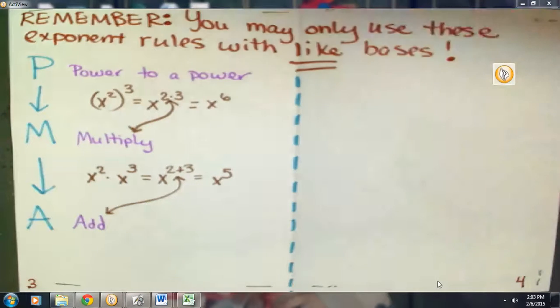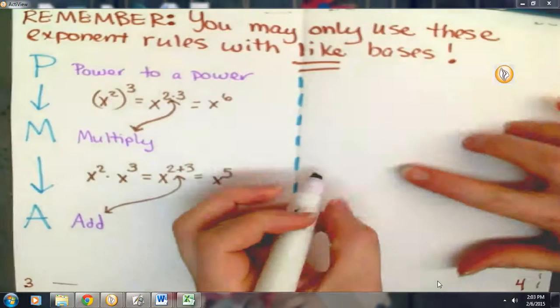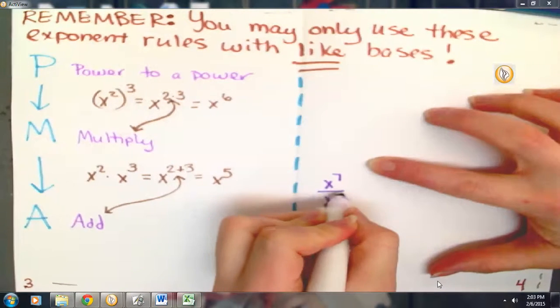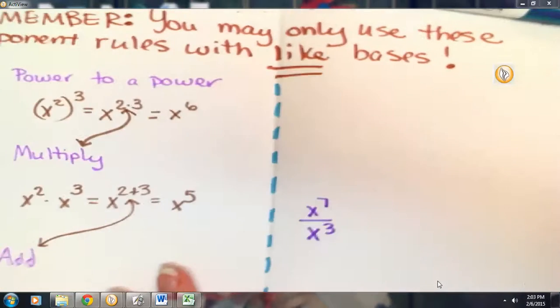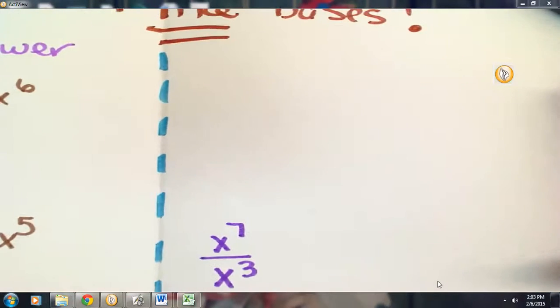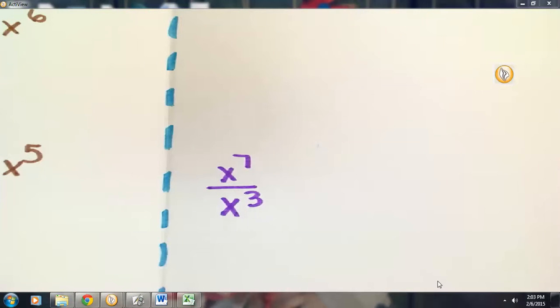If I gave you this problem, x to the 7th divided by x cubed. And again, I left a little bit of a gap in my page. I didn't just do it right at the top. What does x to the 7th mean?